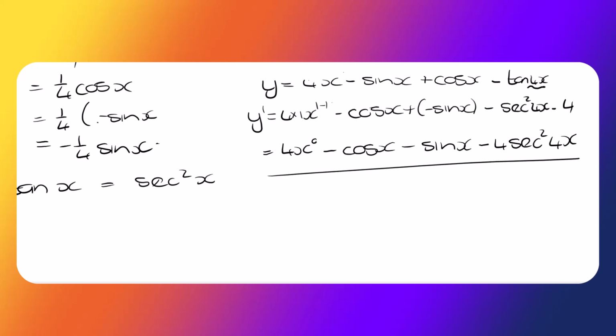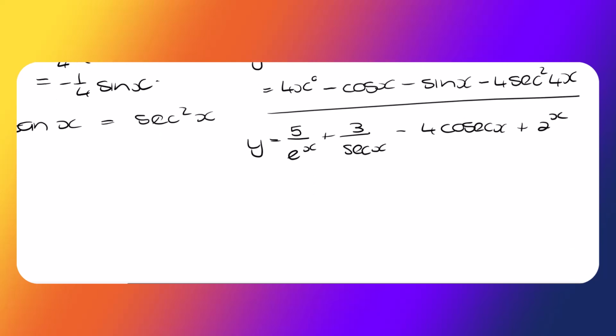All right, let me do another one. Let's have something like this. Y is equal to 5 over e to the exponent x plus 3 over sec x minus 4 cosec x plus 2 to the exponent x. If we look at that, first of all, remember, we're not allowed to differentiate any fractions.